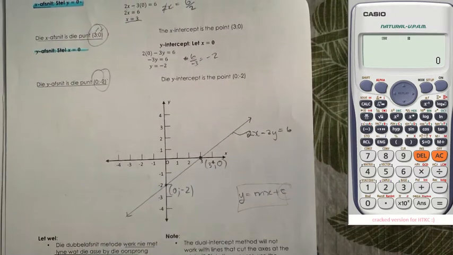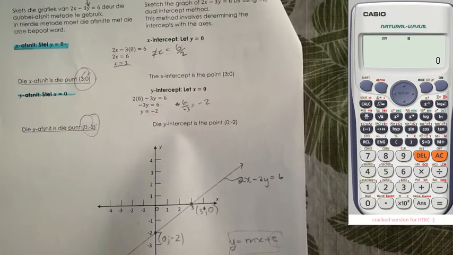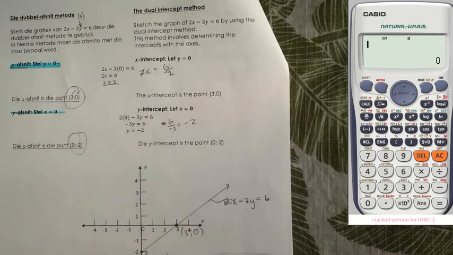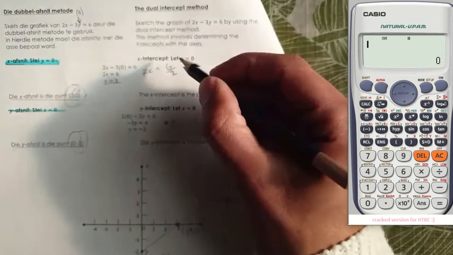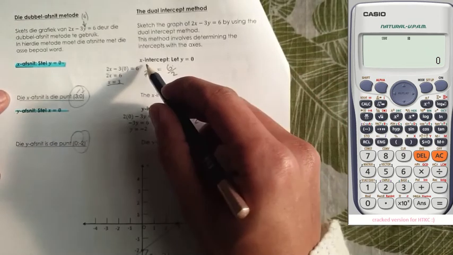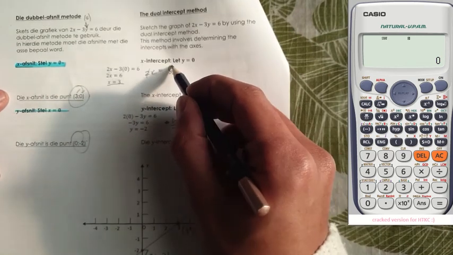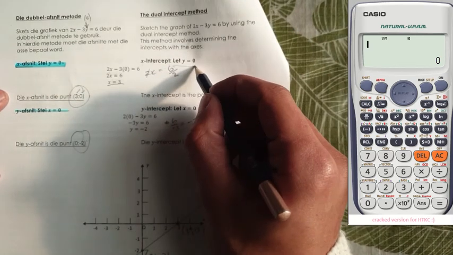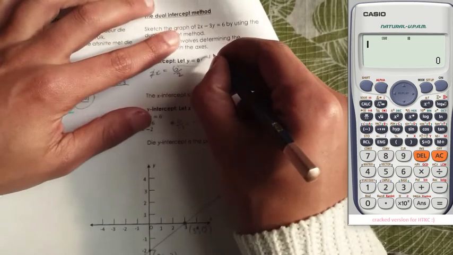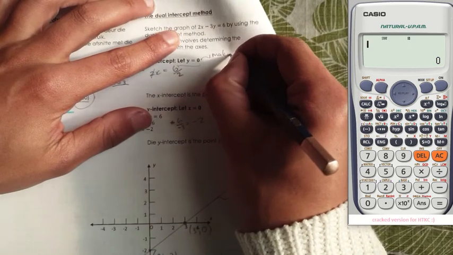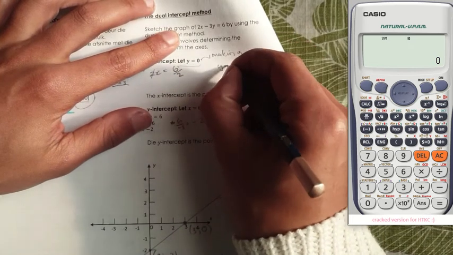Now, just to recap, when we make use of the dual intercept method, we say we're going to determine two intercepts, namely the X intercept. And how do we determine the X intercept? We make Y the subject. So what does that mean?